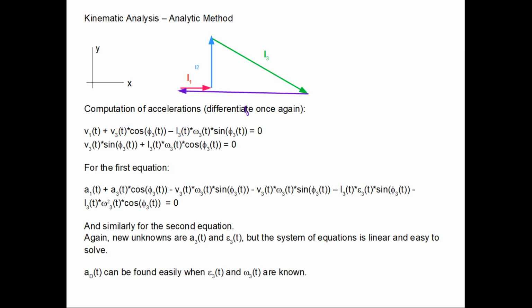In the slides I just differentiated the first equation. You just do the same for the second one, and you also obtain a new system of equations, which is linear in the new unknowns, epsilon 3 of t and a3 of t, and can be solved using methods for solving linear systems of equations, even the determinant method.